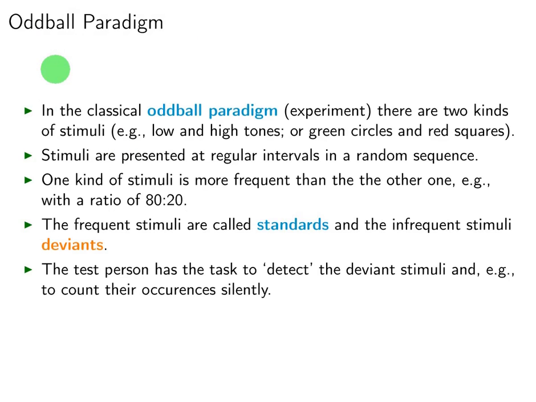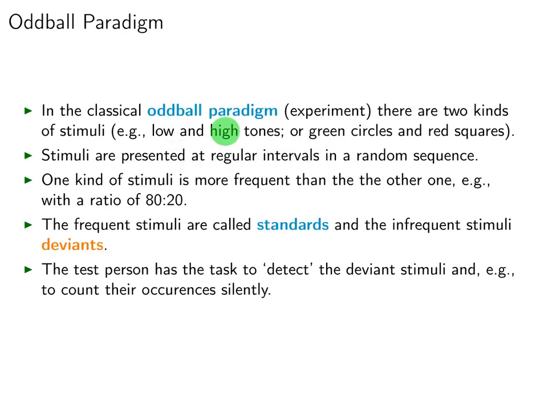neuroscience studies. In the Oddball paradigm or experiment, there are two kinds of stimuli. For example, low and high tones, green circles or red circles, two different stimuli presented to the user, visual or auditory. And stimuli are presented at regular intervals in a random sequence.